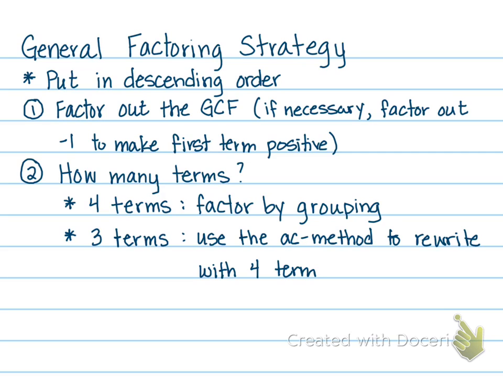Because once we rewrite it with 4 terms, we can then factor by grouping. This is the basis for our whole strategy: we want to factor everything by grouping. So if it has 3 terms, we'll write it with 4 terms. If it has 2 terms, we'll write it with 3 terms, so we can write it with 4 terms. And then we can factor everything by grouping.